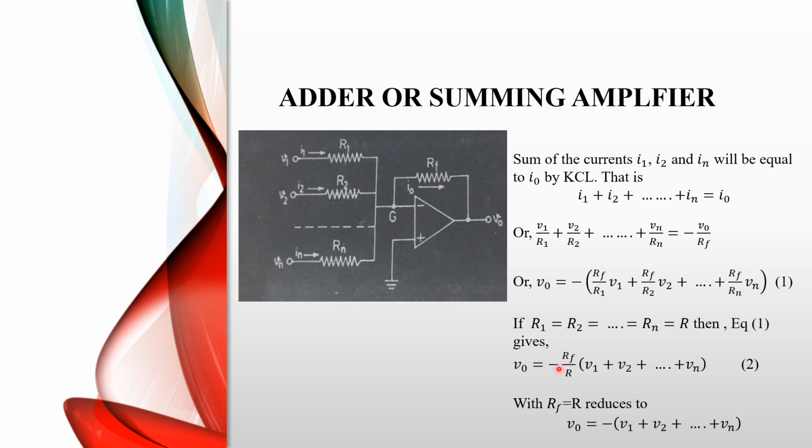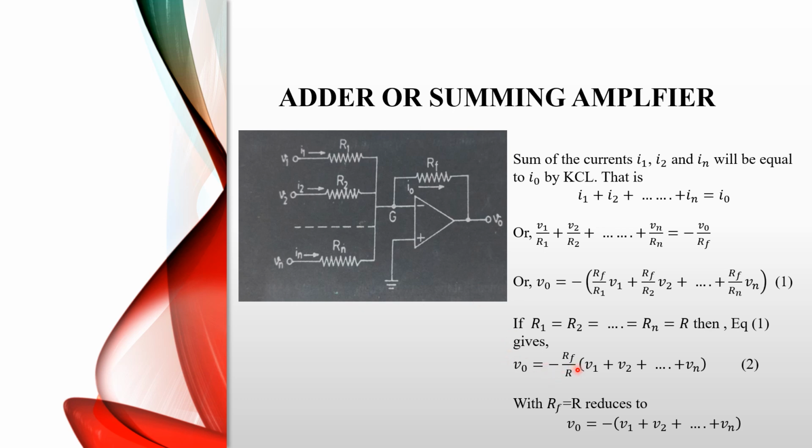So here we get the negative phase. So the negative phase appears here because all the input voltage is applied at the negative terminal or the inverting terminal of the op amp. So here we see a negative polarity.